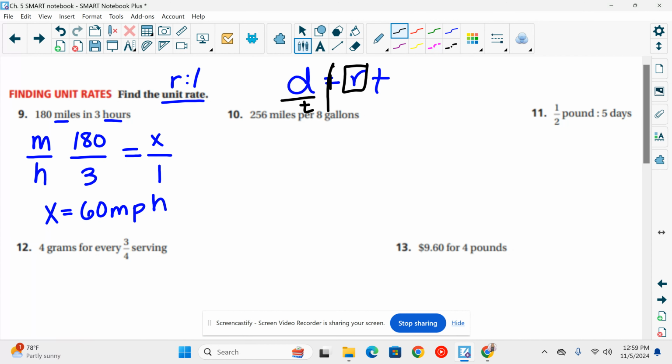Distance over time. Let's say I want to find time. So I've got the dirt formula, and I want to find time. Where do I have to move? D. No, R. I'm looking for T, and I want T by itself. So what do I have to move? R. I have to move the R over using what operation? Division.